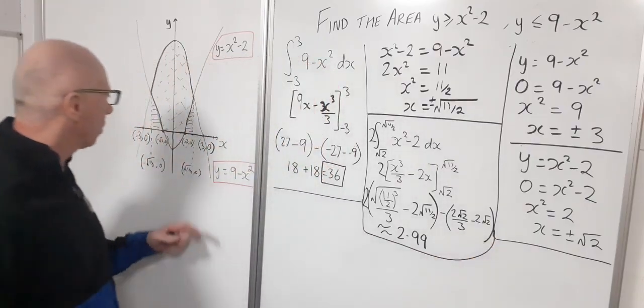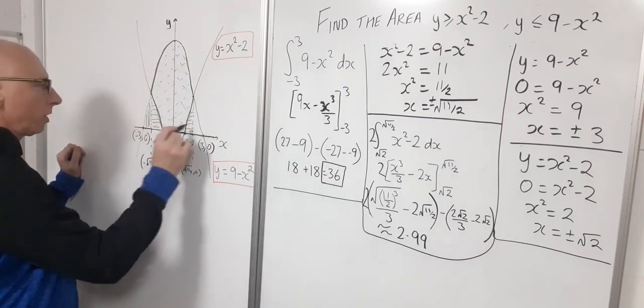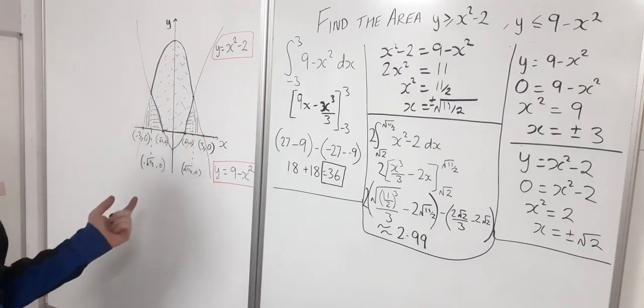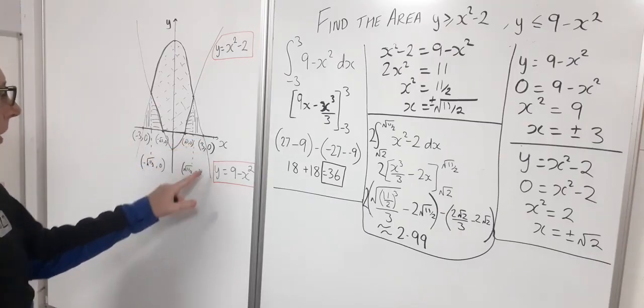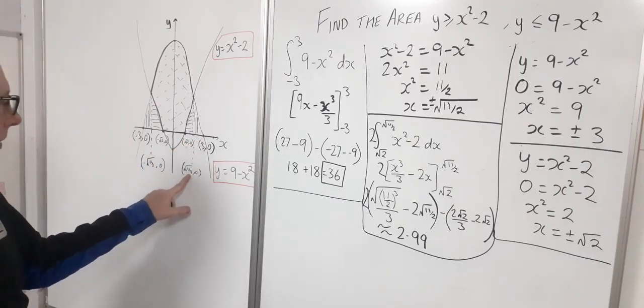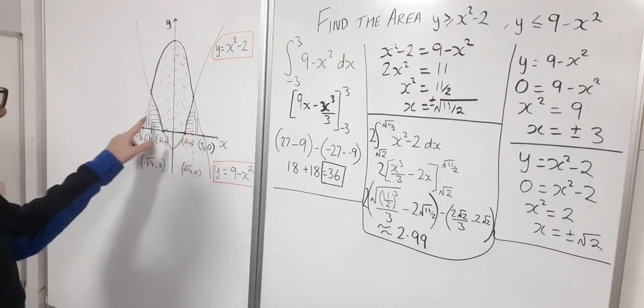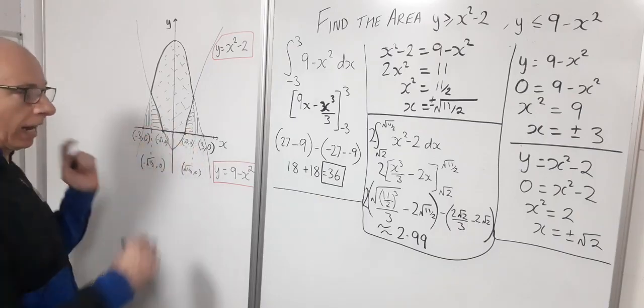Now we need to have a look at this part. Let's put my lines going downwards and find the area there. Again, we need integration. I need to go from this point to this point, from root 11 over 2 to 3. I find the area of that and double it, because again, parabolas are symmetrical, so they will have equal area.